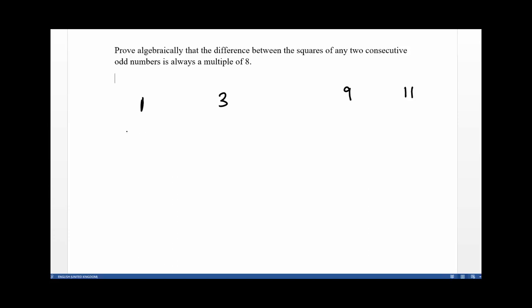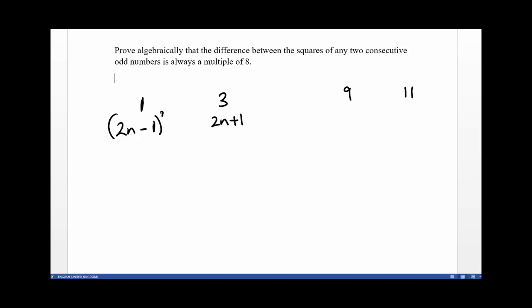So if you recall how to write 1 doing it algebraically, that's what we got here. And to do 3 is 2n plus 1. But what they want to do is work out the difference of the squares.